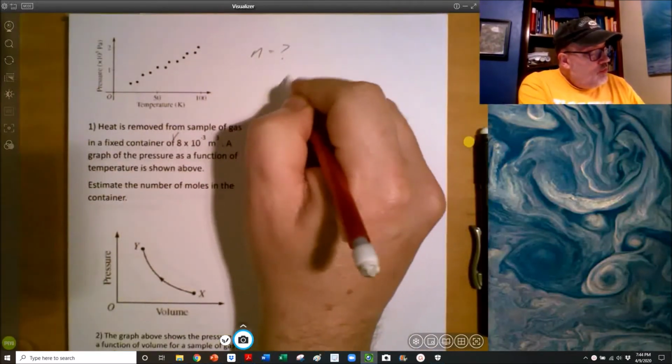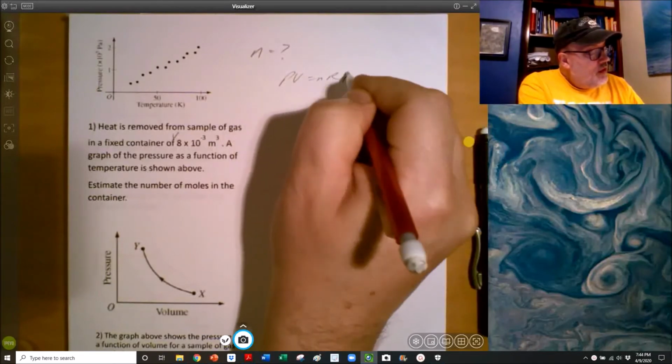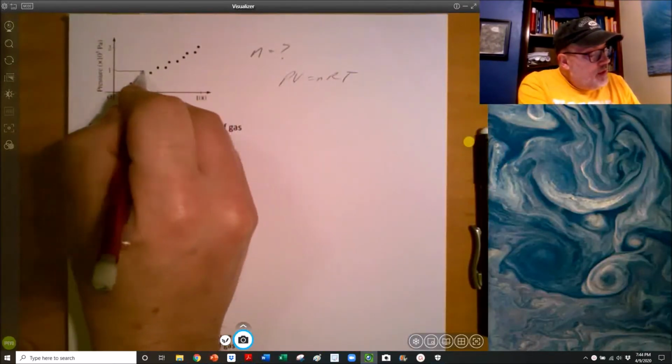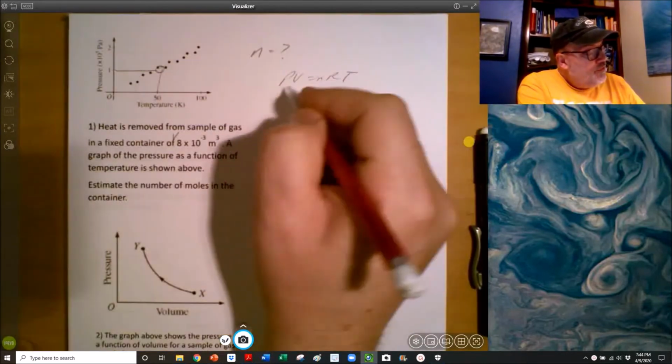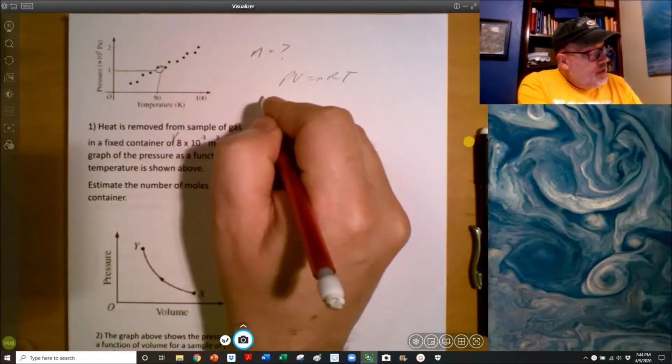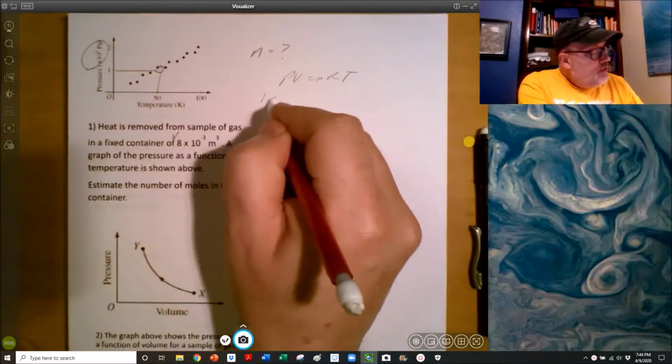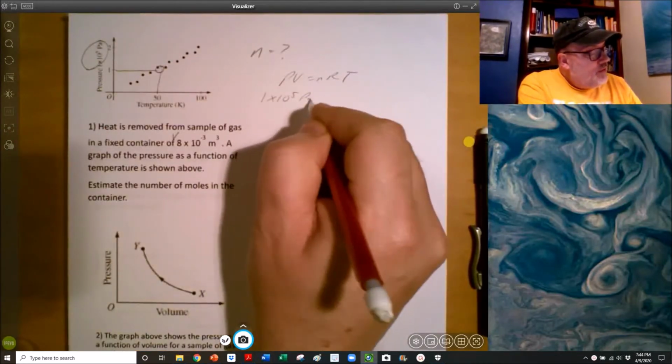All right, so PV equals nRT. I'm going to go across and pick a number that looks to be about right there. So I know the pressure is 1, be careful, times 10 to the 5th pascals.